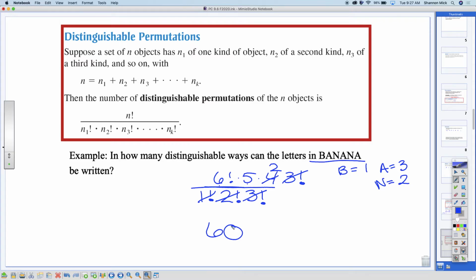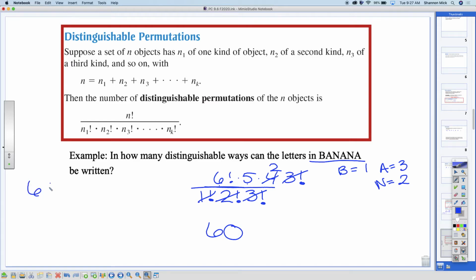Wait, why did you put 2 factorial? You crossed out the 4 for the 2? Yeah, because 2 factorial is 2 times 1, so it's just 2. So 2 goes into 4 twice. Wait, wouldn't you have just written out 5, 4, 3, 2, 1, and then crossed out the 3, 2, and the 1, and left the 4?